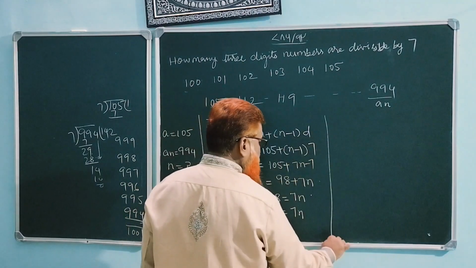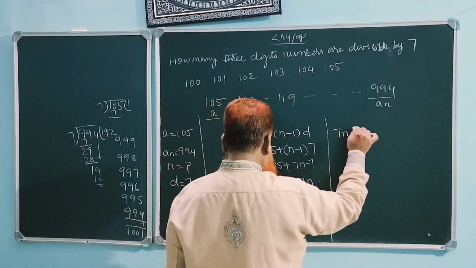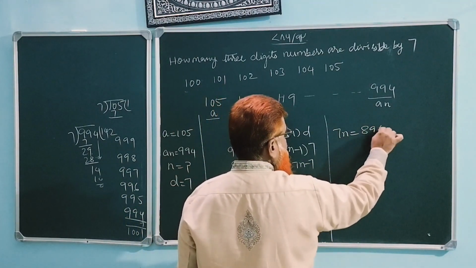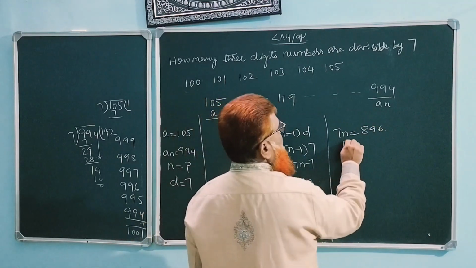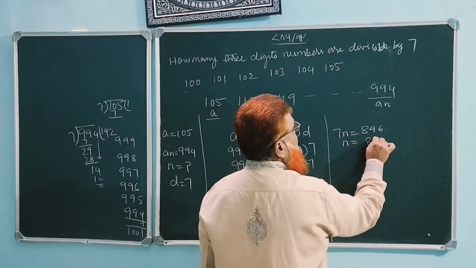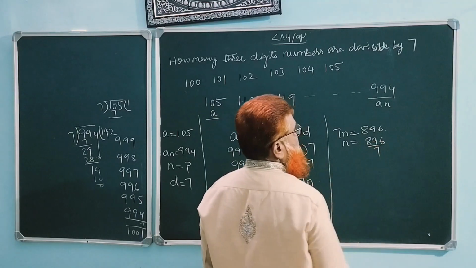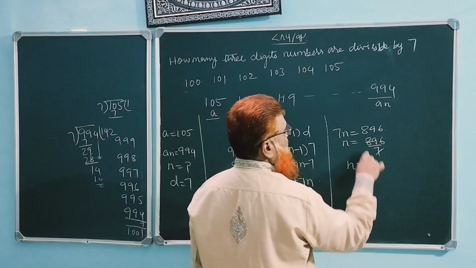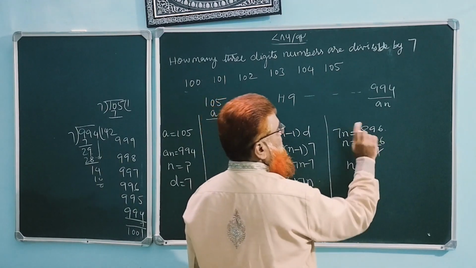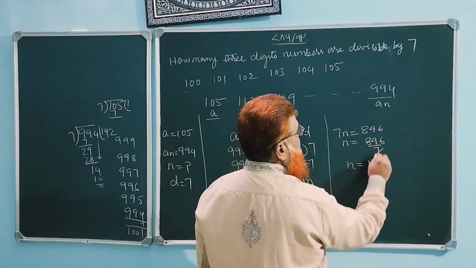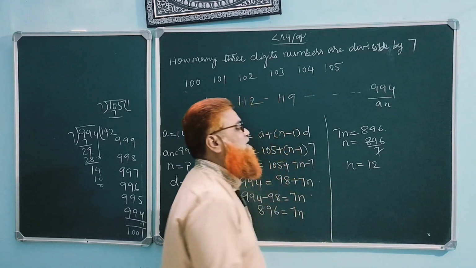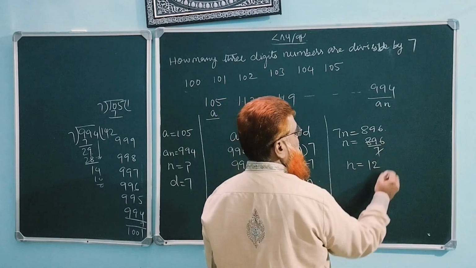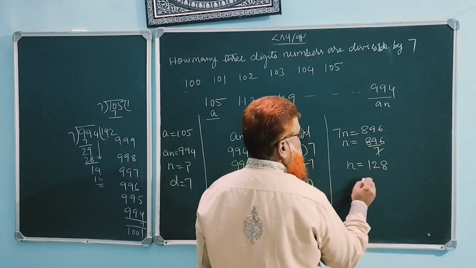Now 7n is equal to 896. Therefore n is equal to 896 divided by 7. 7 ones are 7, out of 8, 7 goes, we get 1, bring down 9, 19. 7 twos are 14, out of 19, 14 goes, 5 remains and 6 joins. 7 eights are 56.